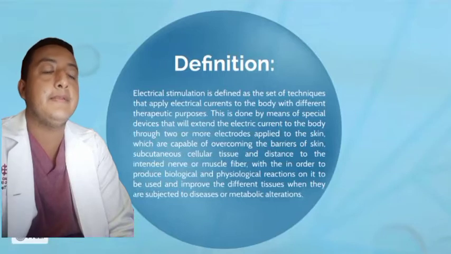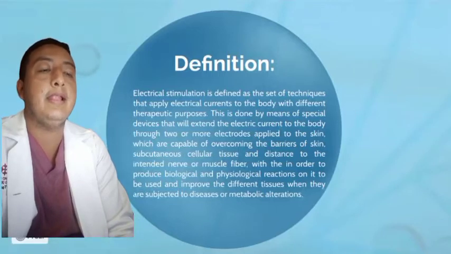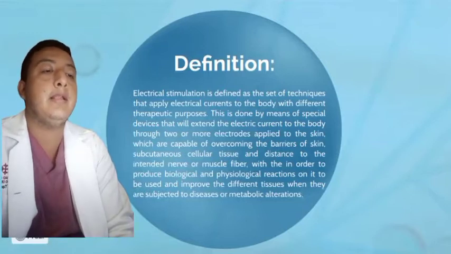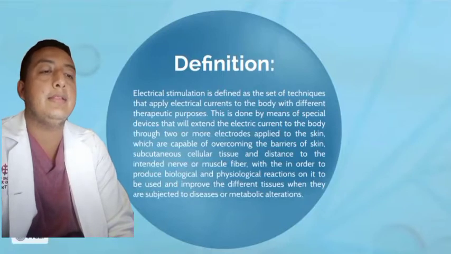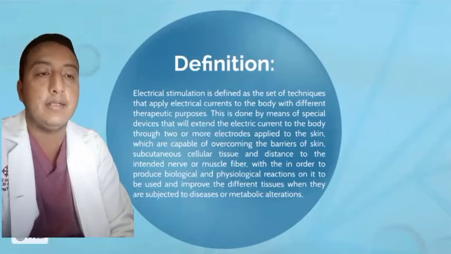This is done by means of a special device that will extend the electric current to the body through two or more electrodes applied to the skin, which are capable of overcoming the barriers of the skin, subcutaneous cellular tissues, and distant to the intended nerves or muscular fiber, in order to produce biological and physiological reaction on it to be used and improve the different tissues when they are subject to disease or metabolic alteration.